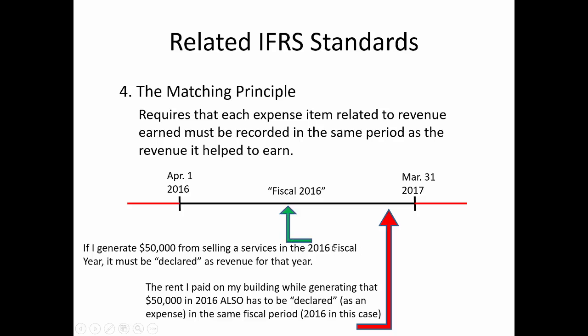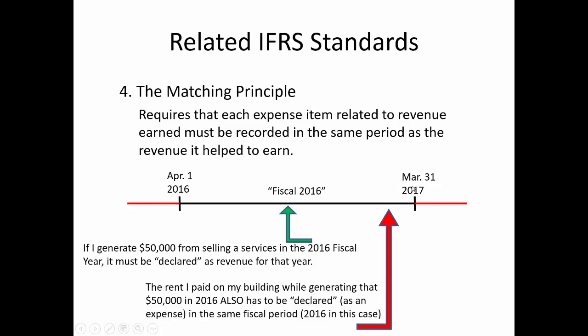Now, for most things, this is pretty straightforward, but there are some things, for instance, like a car. Let's suppose that I bought a car on January 1st of 2017. So that would mean that I was using that car up for those last 3 months of the year.